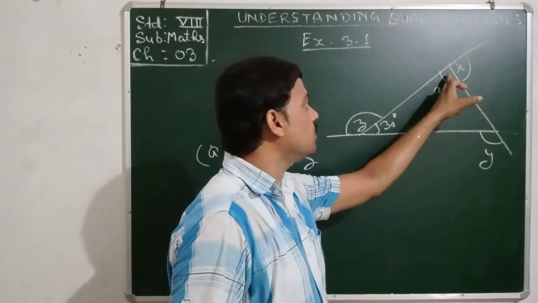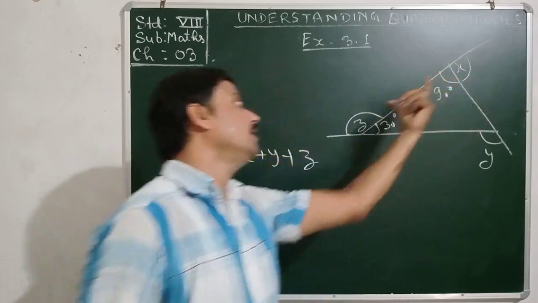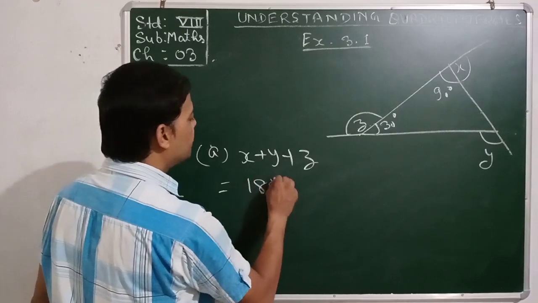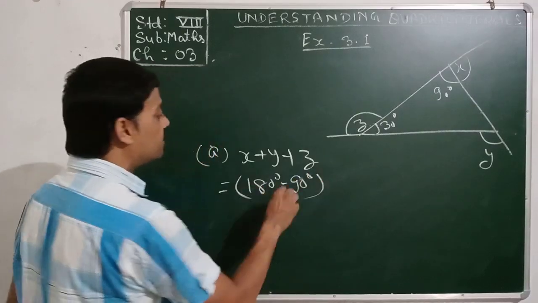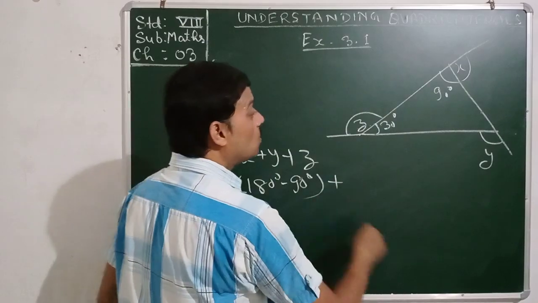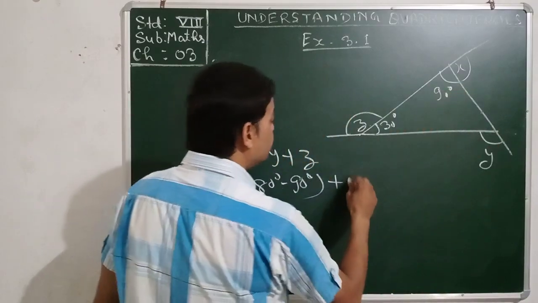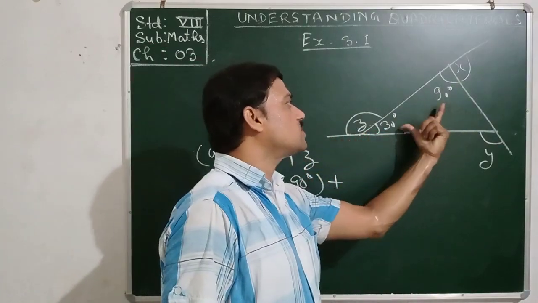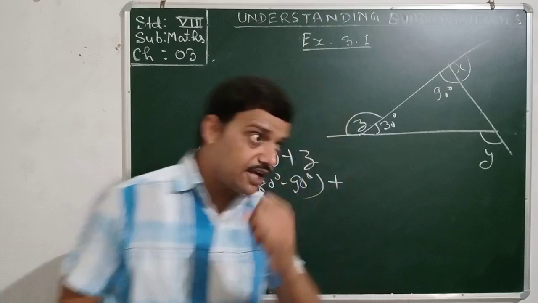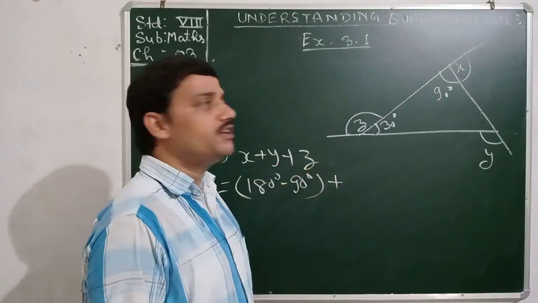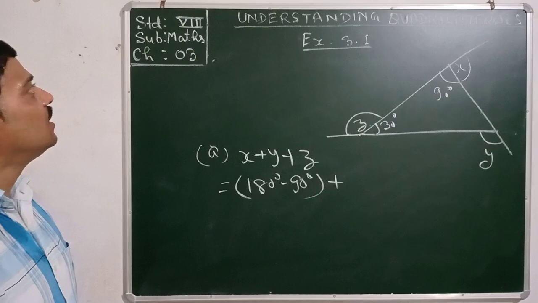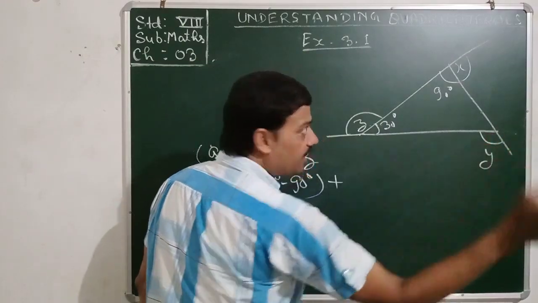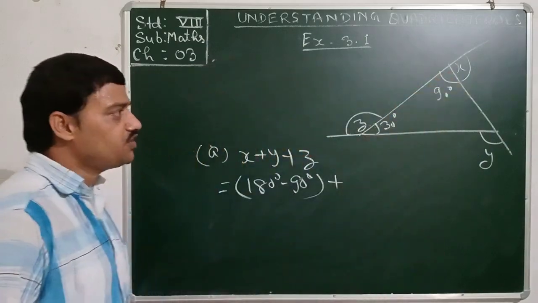Value of x, of course this is 90 degrees and the supplementary of 90 degrees, that is 180 degrees minus 90 degrees, or you can write directly 90 degrees, plus y. 180 degrees is the sum of angles, and if you subtract the sum of them you will get this. And otherwise, if you recall the property learnt in the previous classes, the measure of an exterior angle is the sum of the opposite interior angles.